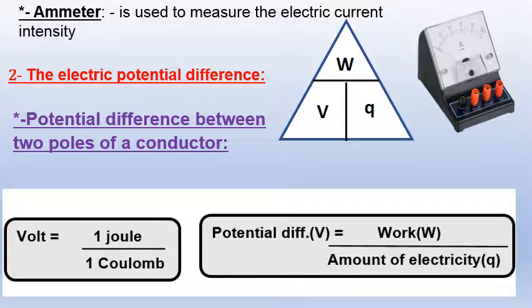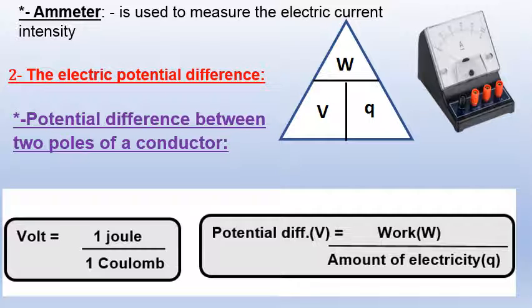Pay attention, if I say potential difference, I must talk about the difference between the two terminals of a conductor. Again, what's meant by potential difference? Potential difference is the work that is done to transfer a quantity of electric charge between the two terminals of the conductor.